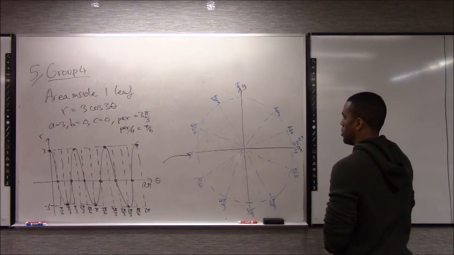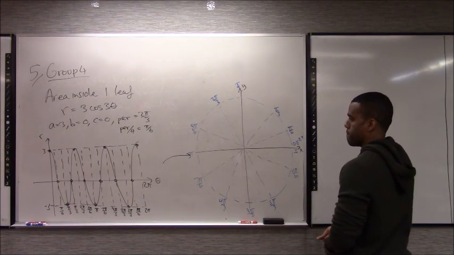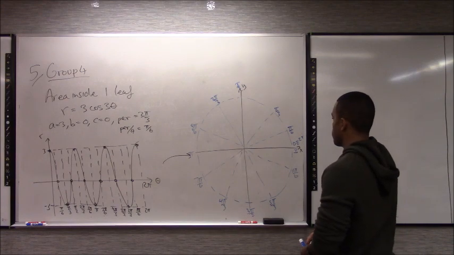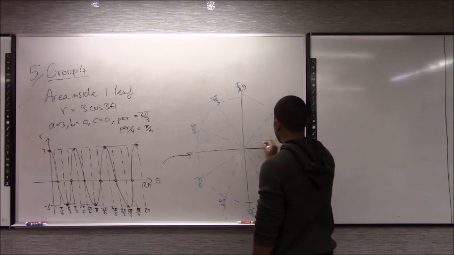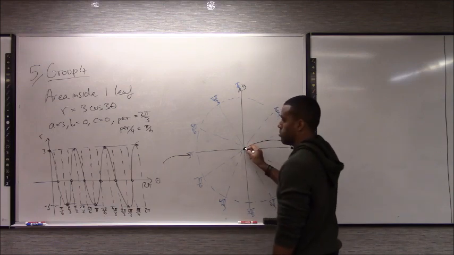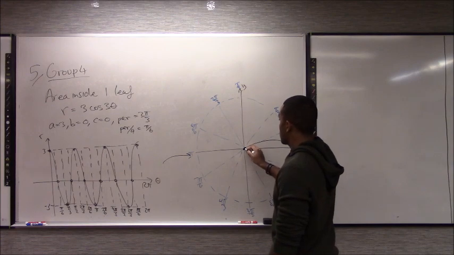Okay, where do you start here? Radius, circle radius 3 at 0. Okay. And you go to 0 at angle pi over 6, to the origin. And then you go to pi over 3 at circle radius 3.